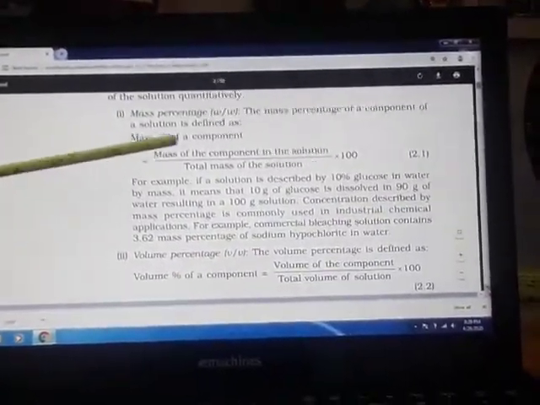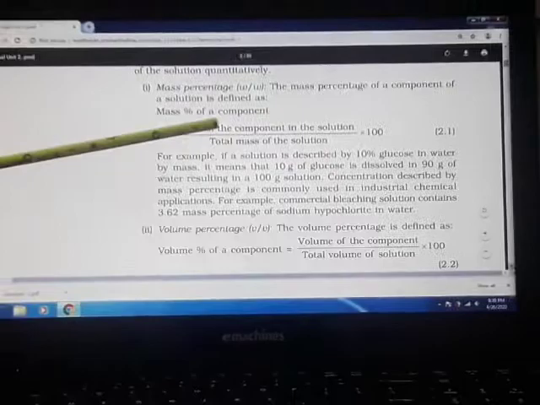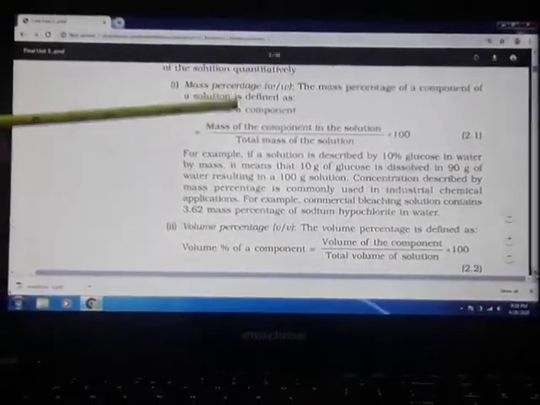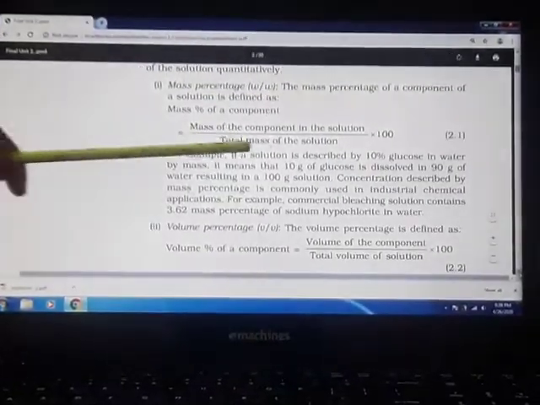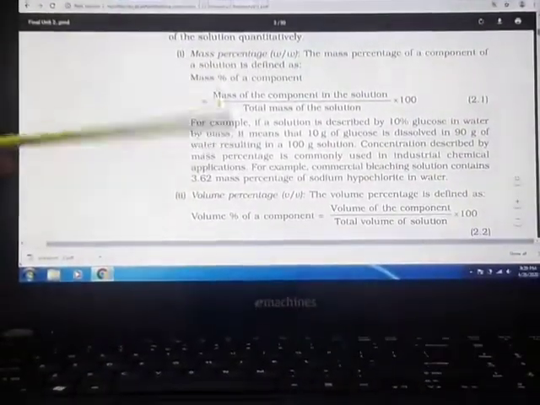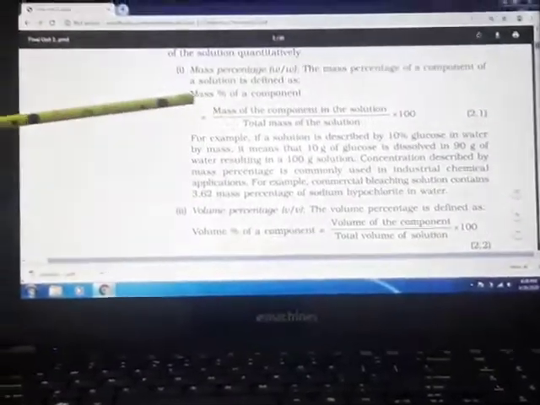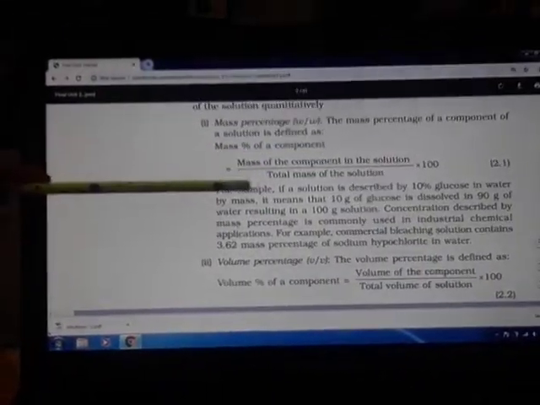Say, for example, we want to find the mass percent of solvent, then it will be the mass of the solvent divided by total mass of the solution into 100. And if we want to find the mass percent of solute, then the formula will take the shape that mass percent of solute equals mass of the solute divided by total mass of the solution into 100.